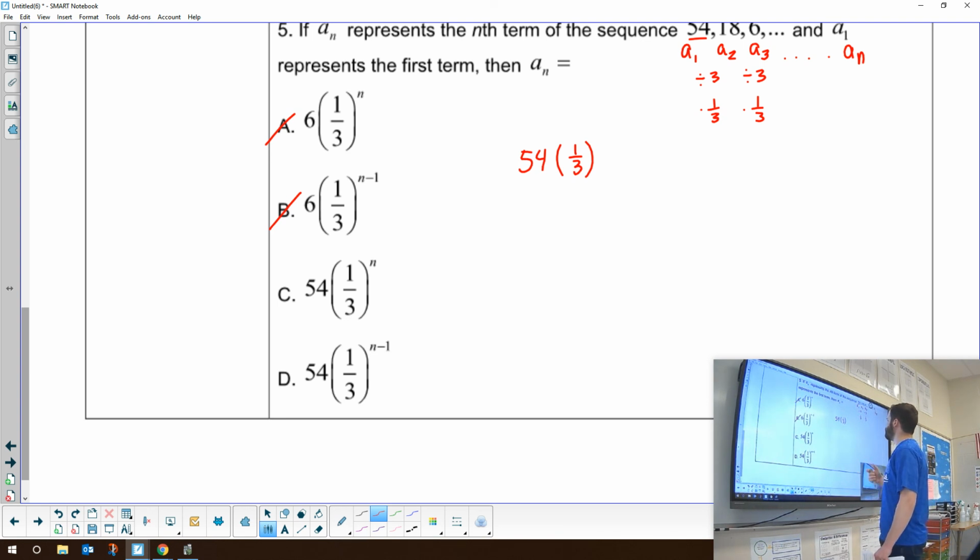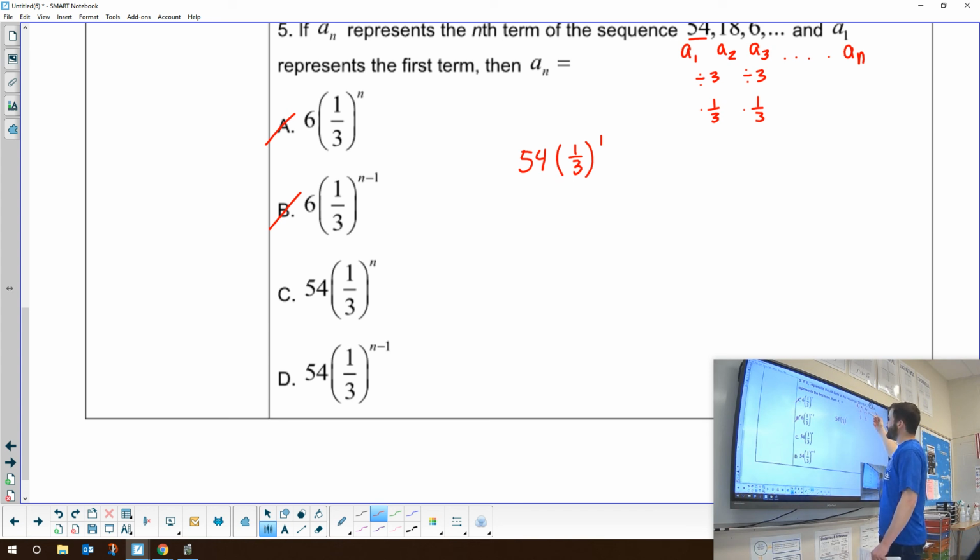If it was n, we could plug in 1 here, and I could go 1/3 to the power of 1. 1/3 to 1 is 1/3. And so 1/3 times 54, oh, that's going to give me the next one. That's going to give me 18.